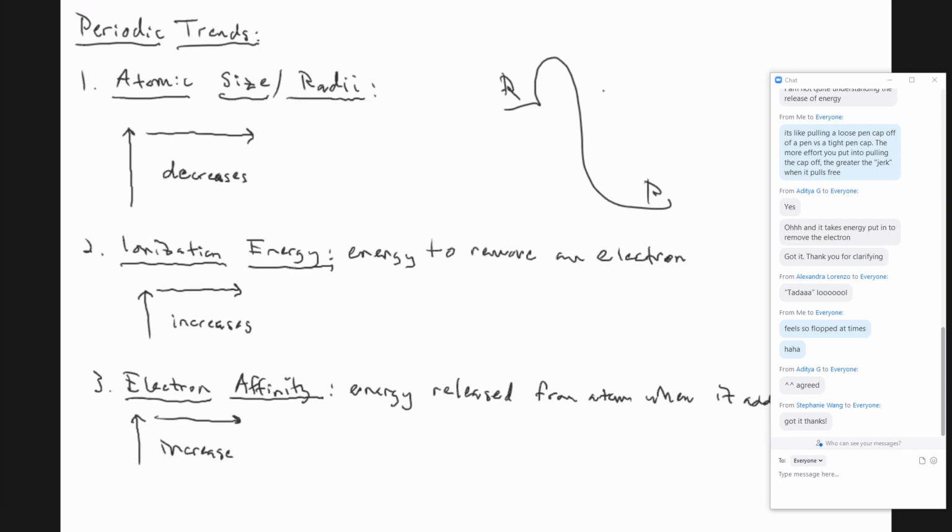The electron is starting at a higher energy level and it's coming down to a lower energy level, right? Because as you increase effective nuclear charge, as Z effective increases, what's being increased? The number of protons. The number of protons would pull that electron towards the center, right? Stabilizing that electron, making it in a lower energy state.